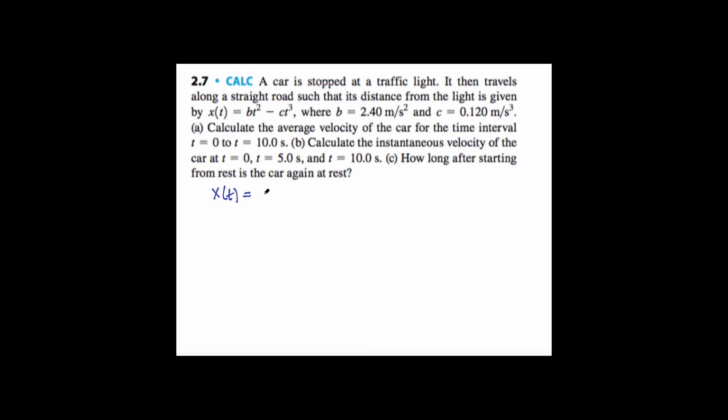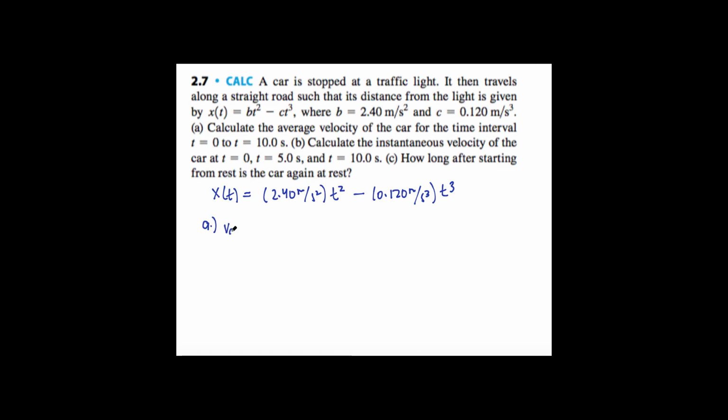So I'll have x of t is equal to 2.40 meters per second squared times the square of t minus 0.120 meters per second cubed multiplied by the cube of t. So I want to calculate again the average velocity of the car for the time interval from t equals 0 to t equals 10 seconds. So this is the same process we just followed in question 2.6.